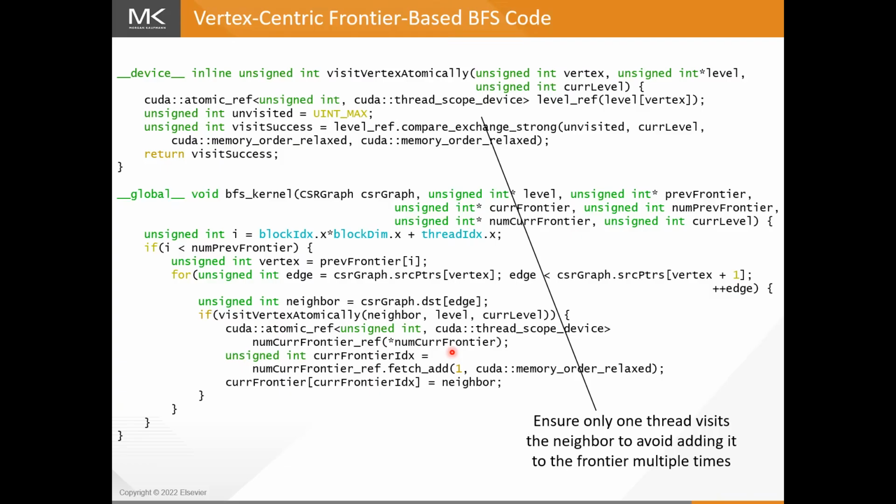The other thing that we can do is privatization. In other words, instead of having every thread write to the global frontier or the public frontier, we can have every thread block have its own private frontier, insert things into that private frontier, and then write them to the public frontier in bulk using one atomic operation.